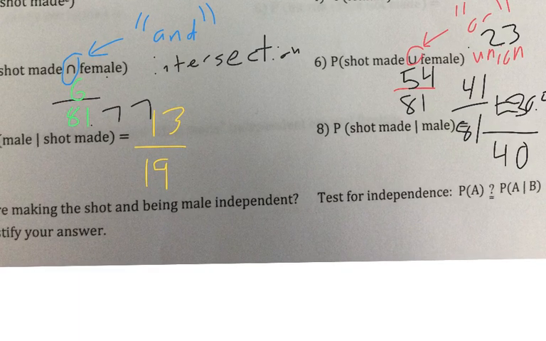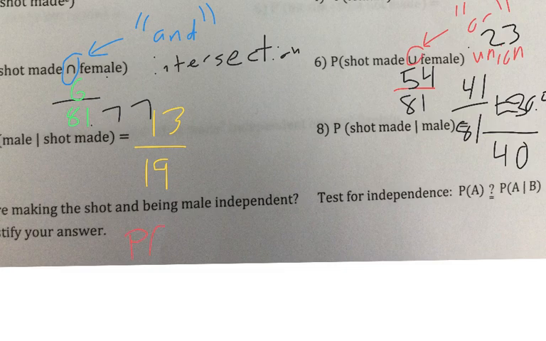9. Is making the shot and being a male, are those independent of each other? And then justify your answer. So here's the two things I'm testing: making the shot and being male. Here is how you test it. We need to find the probability of one of the events.